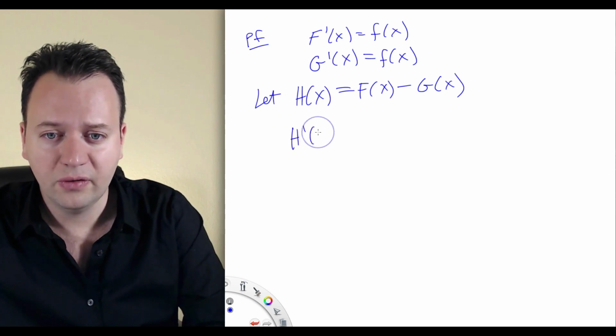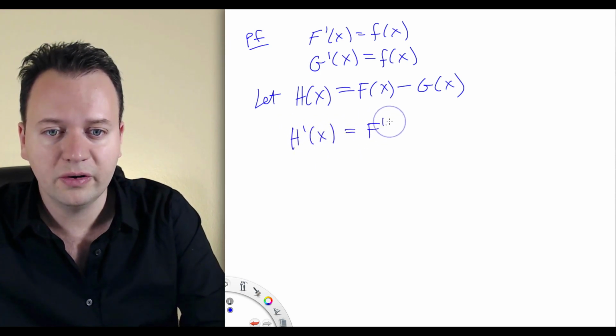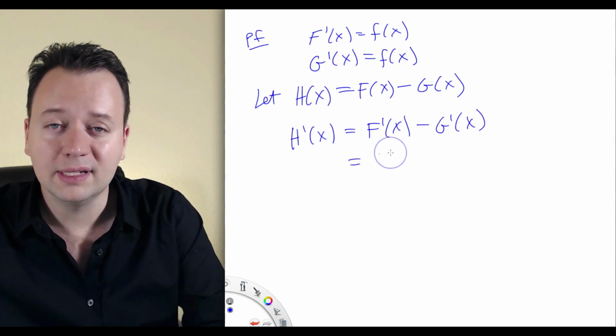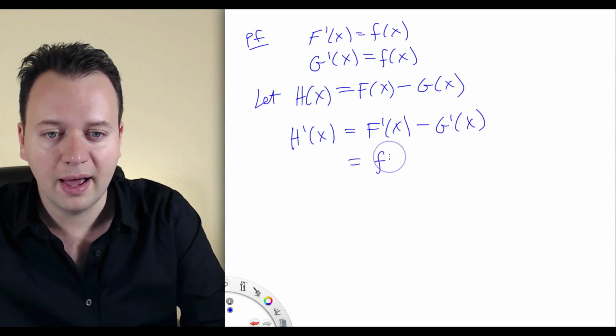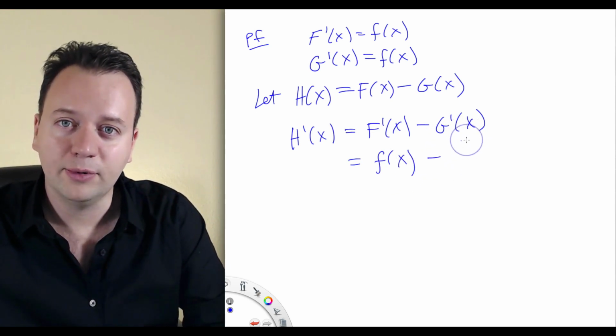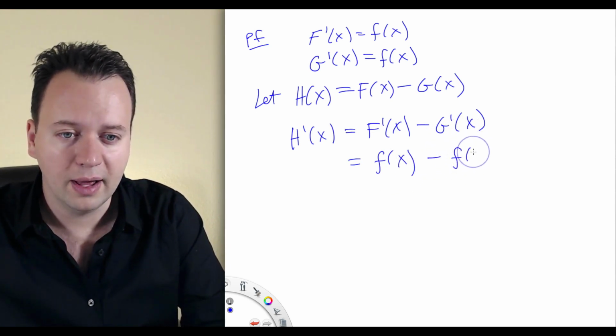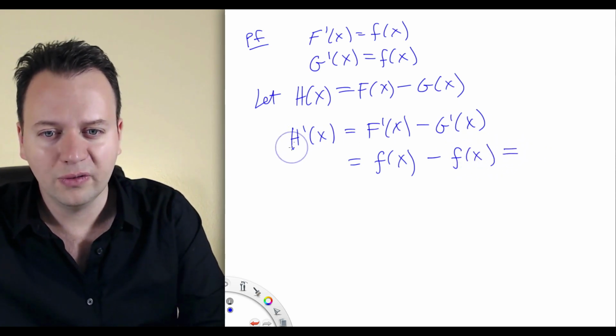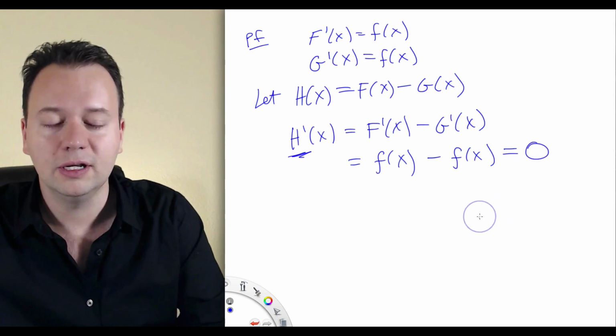The derivative of capital H is going to be the derivative of capital F minus the derivative of capital G. But since capital F is an antiderivative for little f, its derivative is just little f. Similarly, since capital G is also an antiderivative of little f, the derivative of capital G is also little f, which means that the derivative of capital H is just equal to 0.